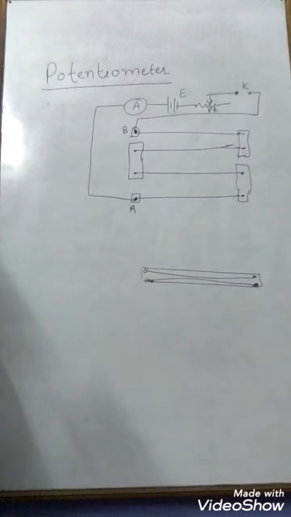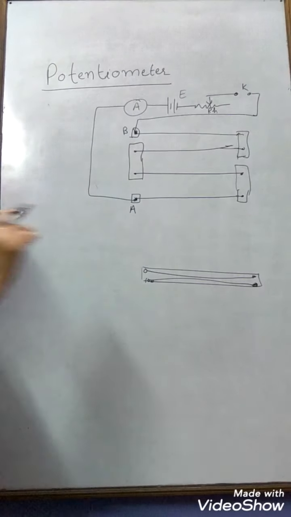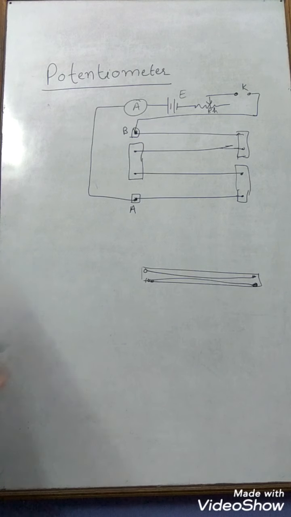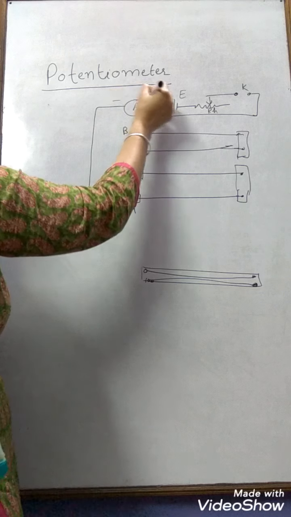Battery, and this is the ammeter, which notes down the current, that is positive, negative.